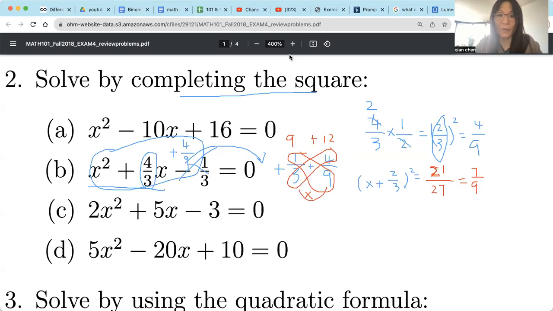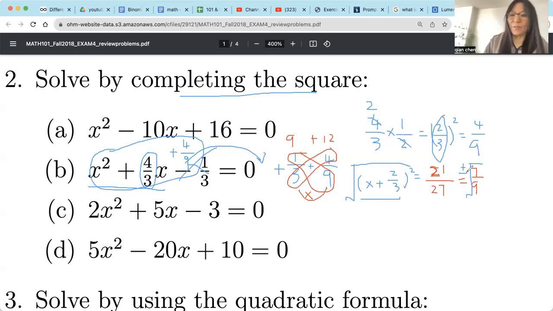Okay, now we're ready to square root both sides. Because we have a perfect square on the left-hand side, we square root both sides. Again, when we square root, we get plus minus 2 values. So let me write this.